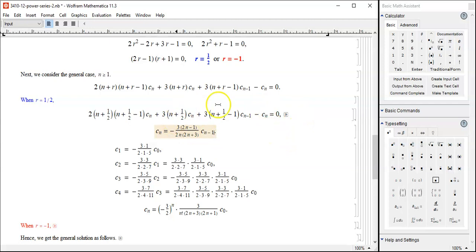It's a bit tedious work, but take my word for it. And then in practice, you just plug in appropriate values, start with arbitrary C0 and then get C1, some number times C0, and then do it again, and then you just move on.